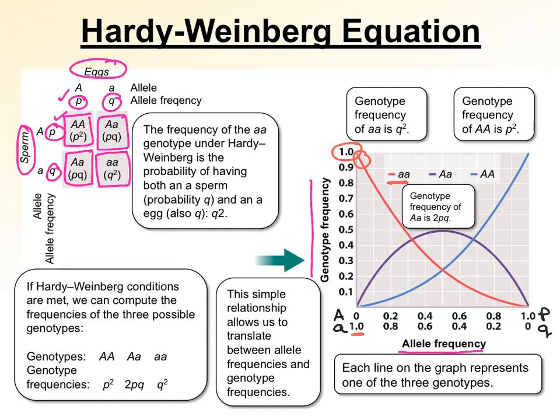Whereas on the other hand, if you have 100% of the allele frequency for big A, which is over here on this side, then you're going to have 100% for big A. And anywhere in between, it's just going to drop down as the allele frequency goes down this way, and the other one will do the same in the other direction.